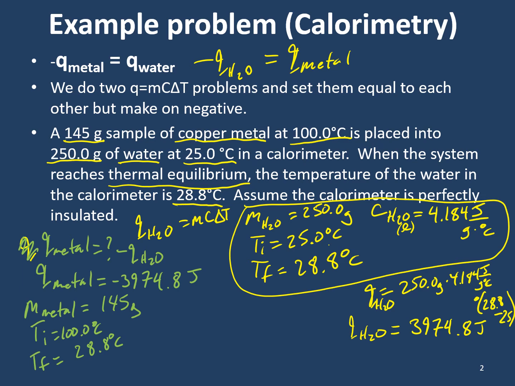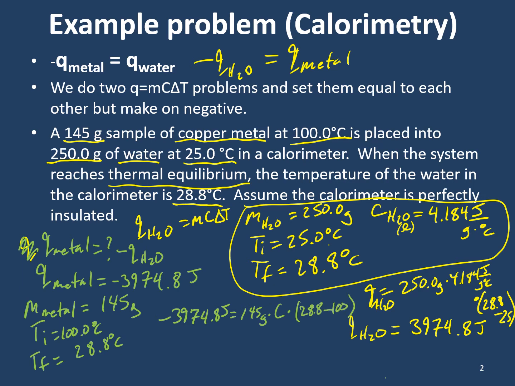So if I know all that, I can actually calculate C, right? So negative 3,974.8 joules is equal to 145 grams times C, whatever my specific heat is, times 28.8, my final temperature, minus 100.